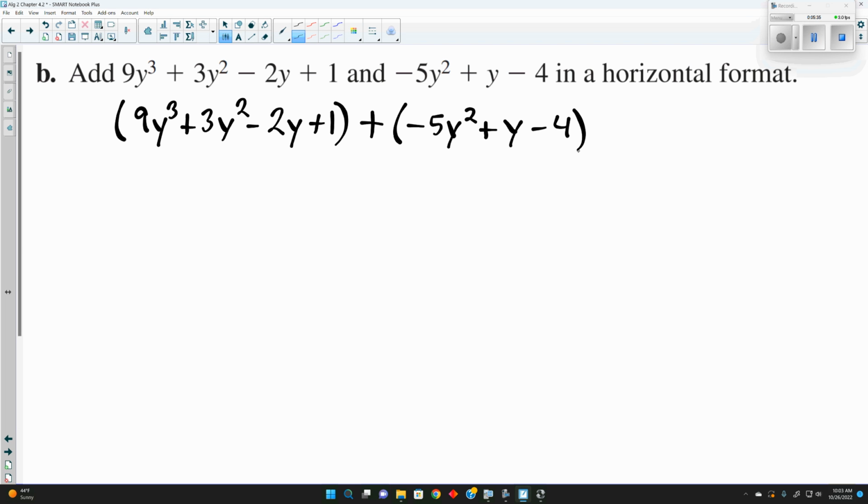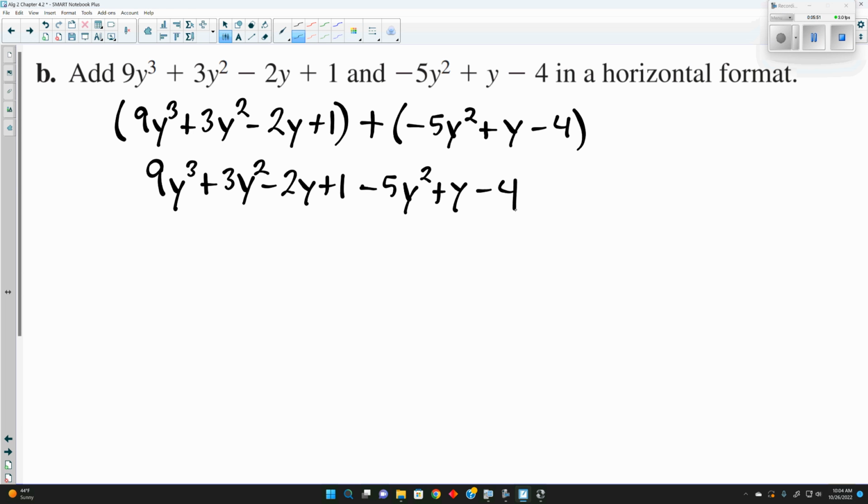Now, because we have a plus and there's no sign or number in front of either set of parentheses, realistically we can drop the parentheses. Because we do have to be careful with subtraction, because whichever one we're subtracting, we will have to distribute that negative through.